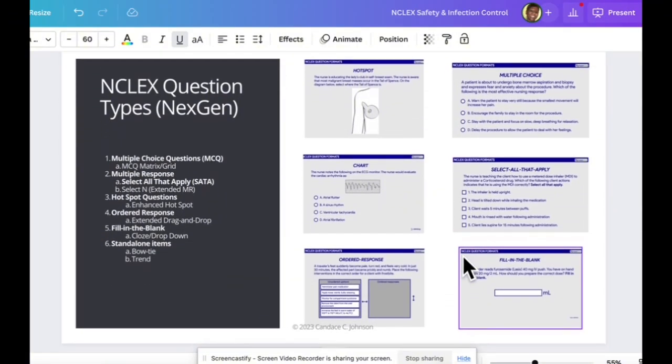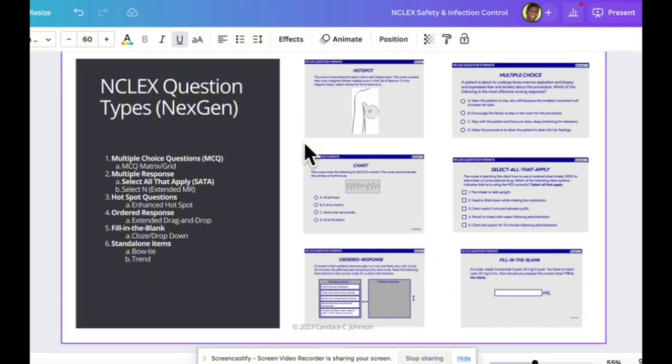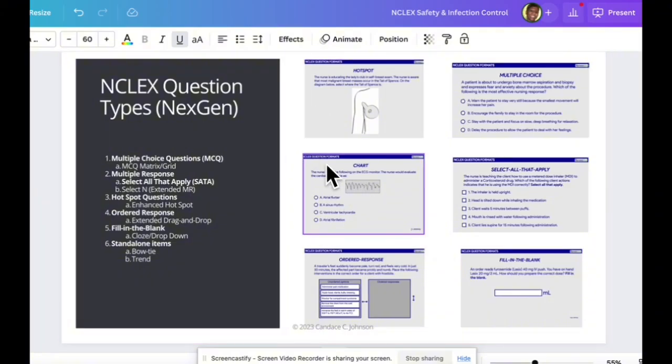Now, I've probably already talked to you about this if you've taken my prep course. And if not, I just want to quickly say that the NCLEX Next Gen has kind of transformed the traditional questions that we're used to seeing, or those item types, and transformed them to make them a bit more capable of pulling out of the test taker all kinds of knowledge.